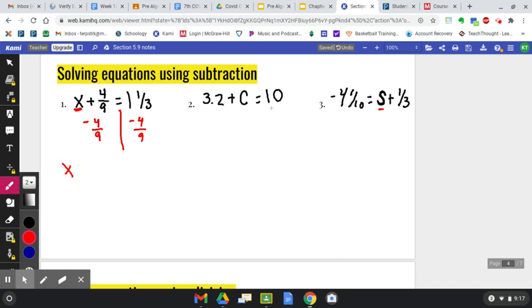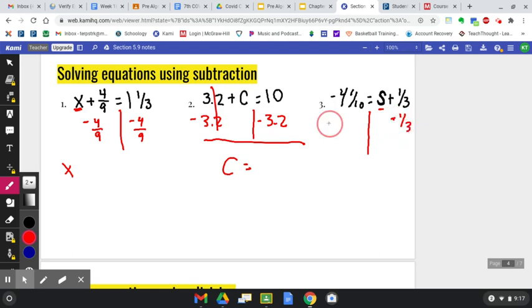So we get x here. Right here, I'm going to subtract 3.2 from both sides. Right? Cancels there. So I would have c equals, and on this one, right, I'm going to be subtracting the 1/3 from both sides. And I'd have s, and I got to figure out what that equals.